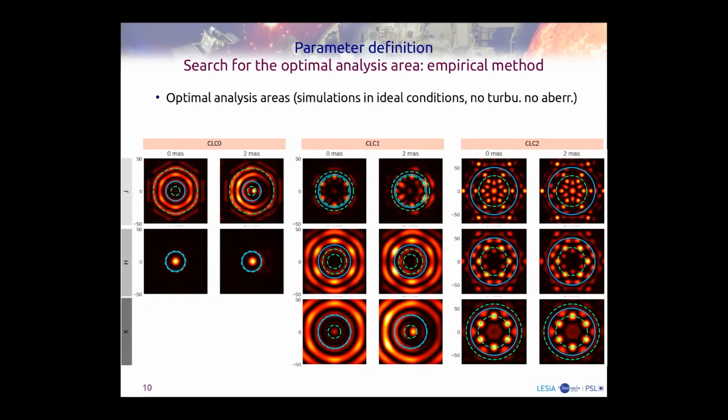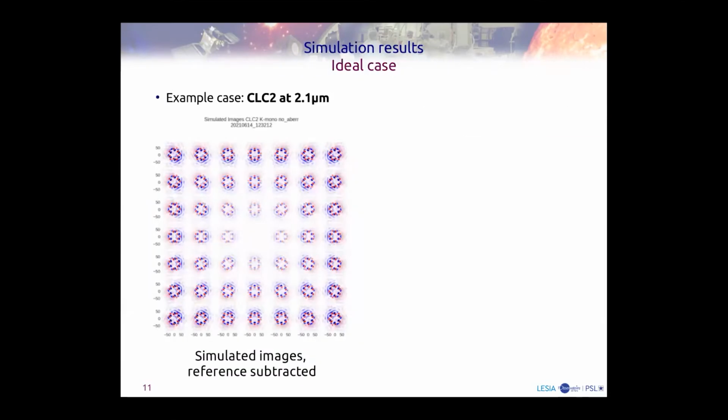So after selecting the models, I did a study of the performance of this algorithm in different cases. First, the ideal cases without any aberrations. I simulated grids of centering errors in X and Y that you can see here, and I subtracted a reference image. That's why it's completely blank at the center.